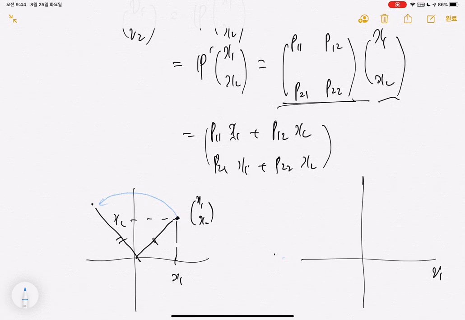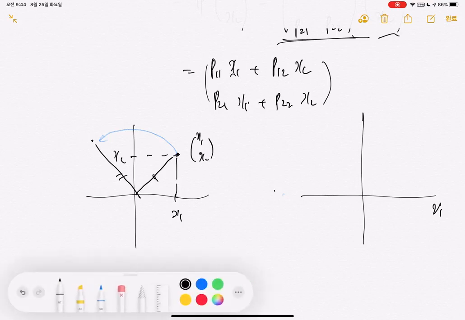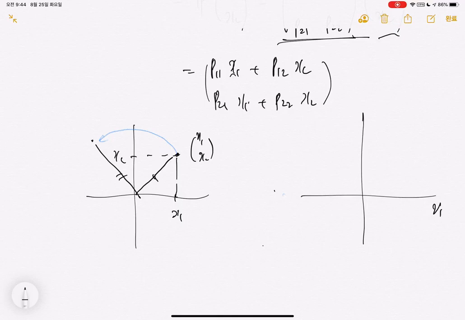Okay, it simply rotates. So in the v1, v2 space, it's going to be the same length.